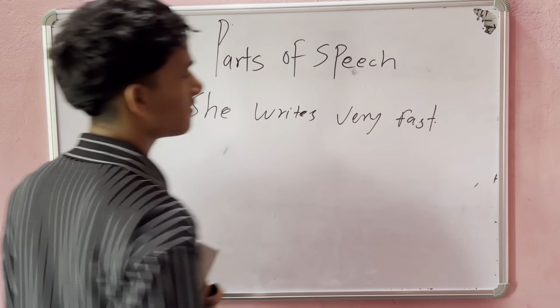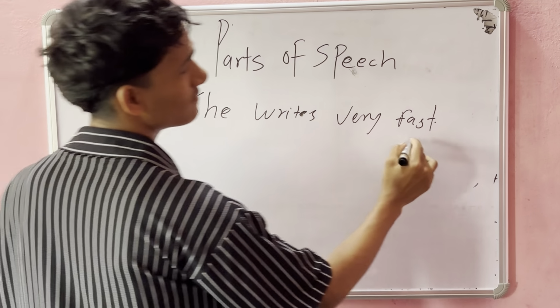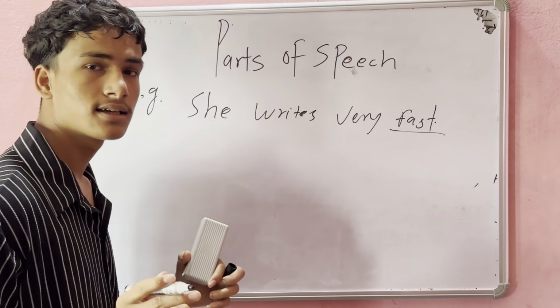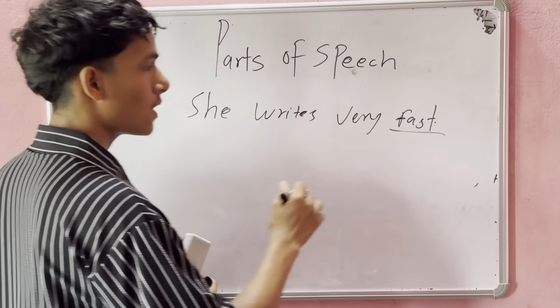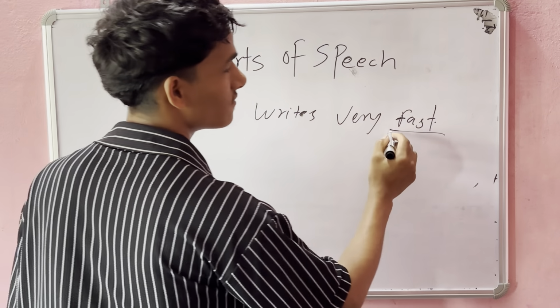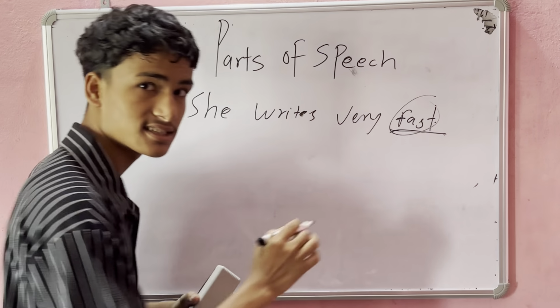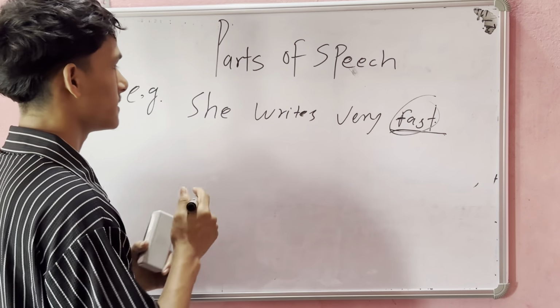She writes very fast. So in this sentence, fast is the adverb because it says how she writes. So she writes fast. Okay, so fast is the adverb in this sentence.